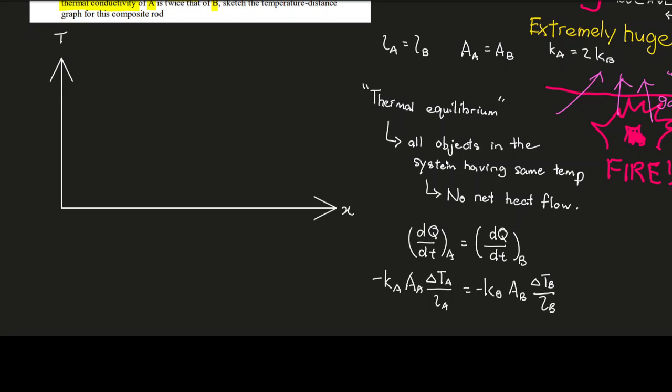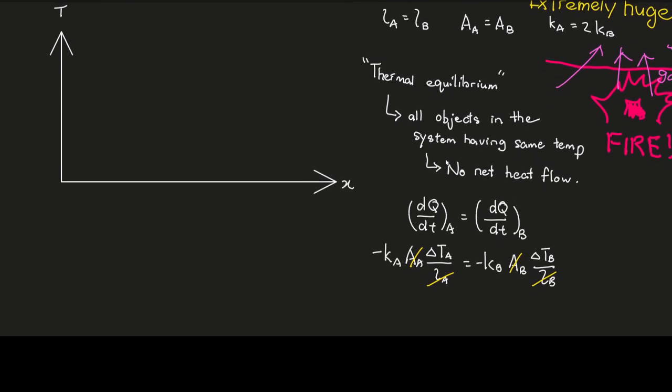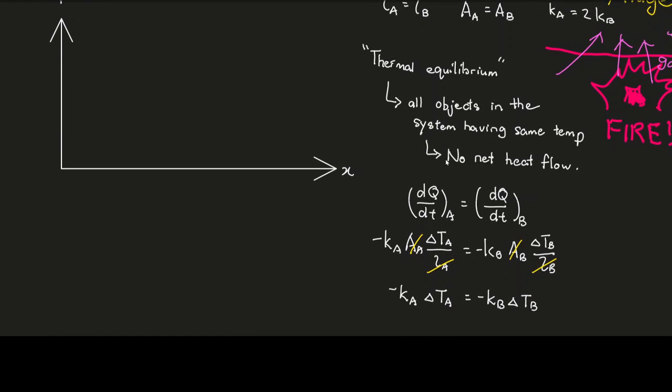So now we can cross out a few things. We know the lengths LA, LB are the same, and the areas AA and AB are the same. So now we are left with this. Negative KA delta TA is equal to negative KB delta TB. Okay, so now we can substitute in this thing up here.